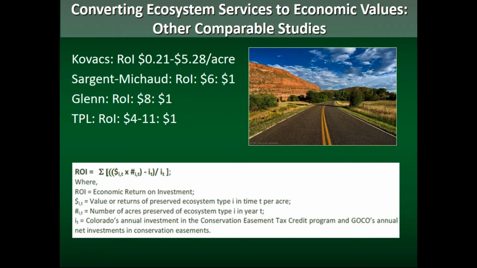Eric Glenn found an 8-to-1 ratio, and the Trust for Public Land found a return on investment of somewhere in the range of $4 to $11, depending on what state, what values, what ecosystems, and how much the program cost. So in general, these are the ranges that exist in the United States for such programs. The box at the bottom is how the calculations are done. Basically, it's benefits less costs over time and across ecosystem services. Next.